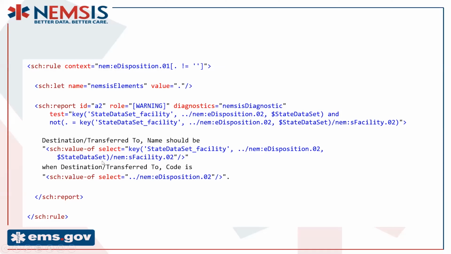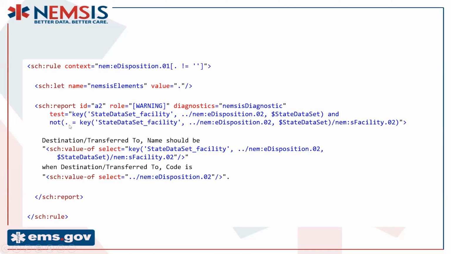So what we're saying is if the facility code is found in the state data set facility list, and the facility name or destination name in our patient care report is not equal to the name for that facility in our state data set, then we're going to trigger this warning message.